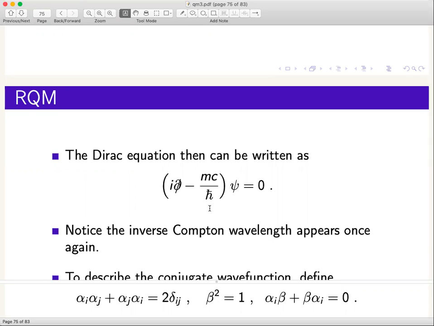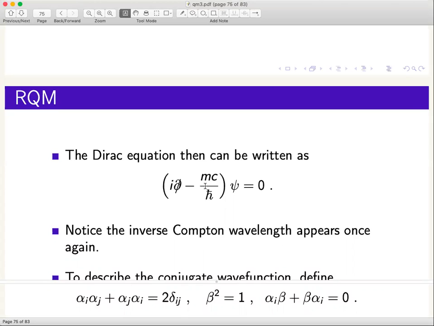Remember that in natural coordinates, where you set h bar equals c equals 1, mass dimension is the same as 1 over length dimension. In that sense this expression is consistent, because a mass term is just 1 over the Compton wavelength. That is how it appears in the Klein-Gordon equation and in the Dirac equation.